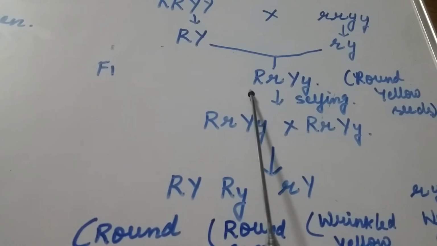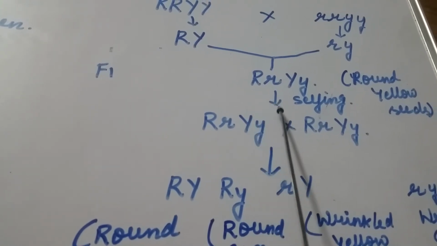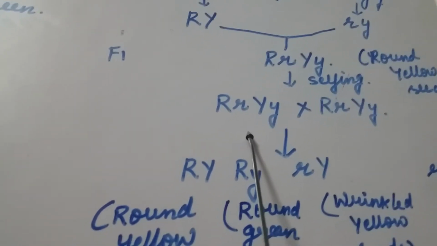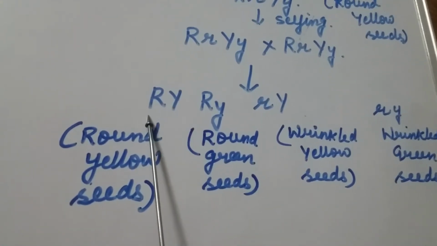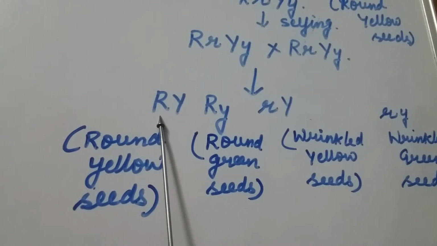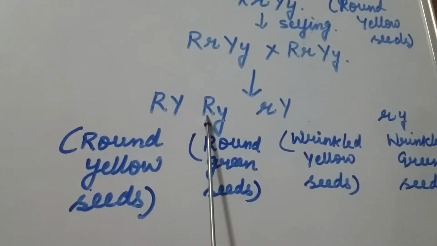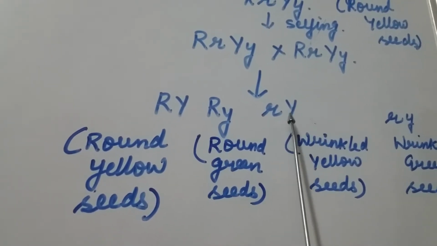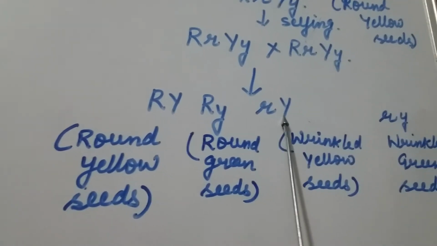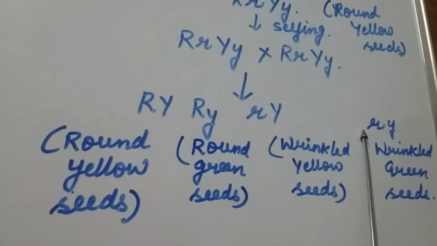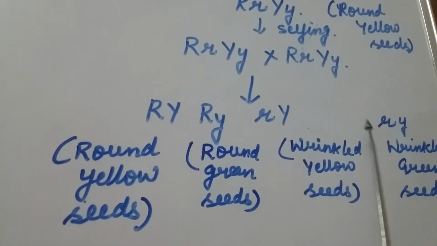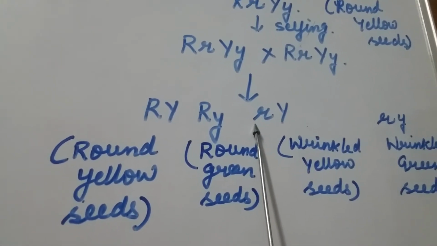After the F1 generation, the plants are again selfed, and they lead to the formation of 4 types of gametes, that is, one with round and yellow seeds, round with green seeds, wrinkled with yellow seeds, and wrinkled with green seeds.